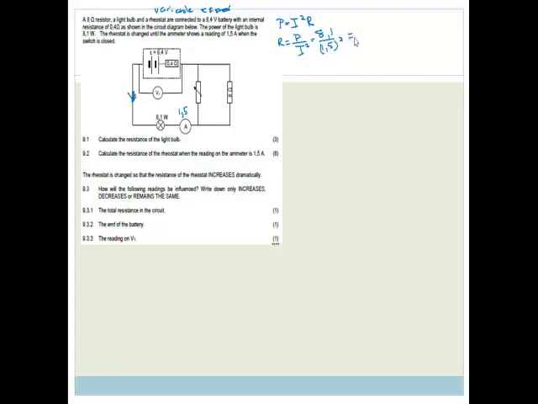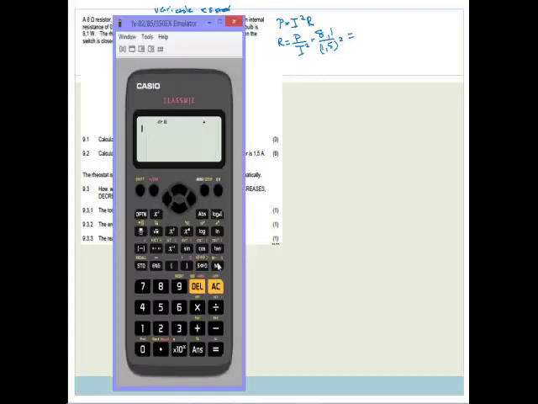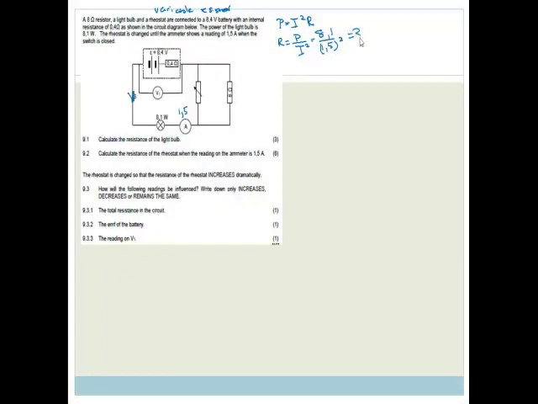So it's 8.1 divided by 1.5 squared equals 3.6. 3.6 what? Ohms. Guys, please remember your units. So that's the resistance.